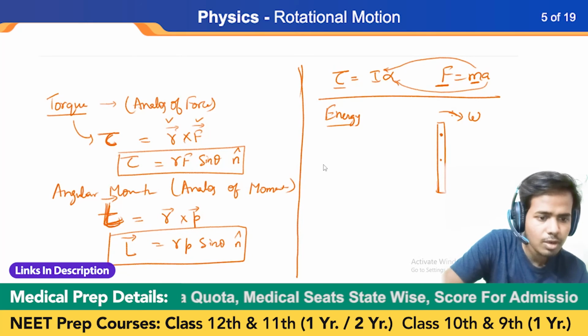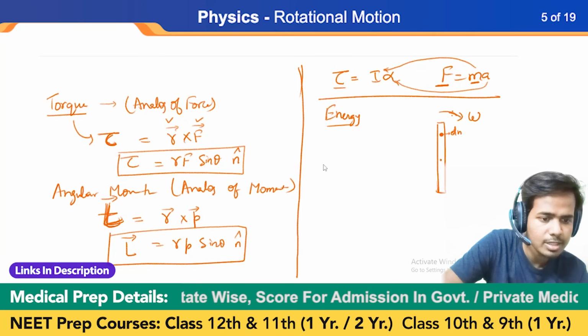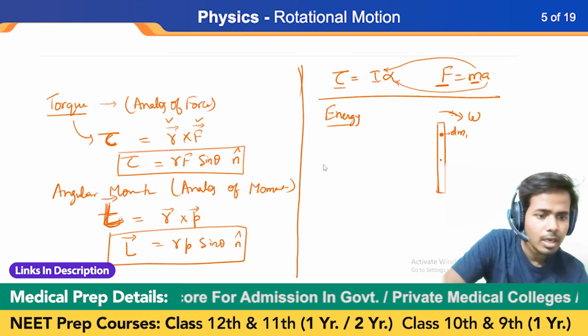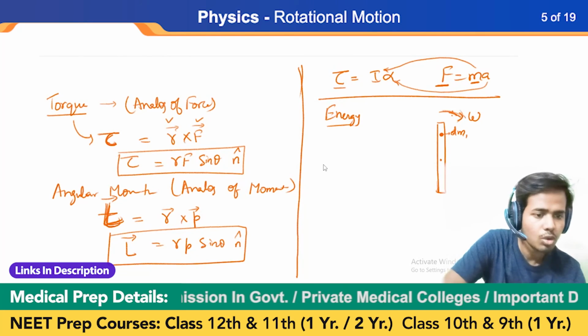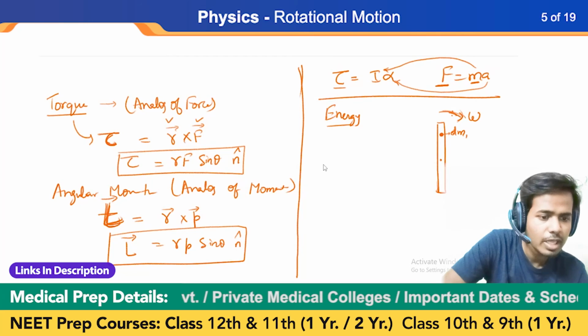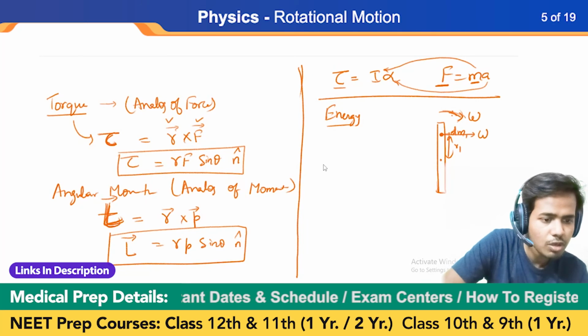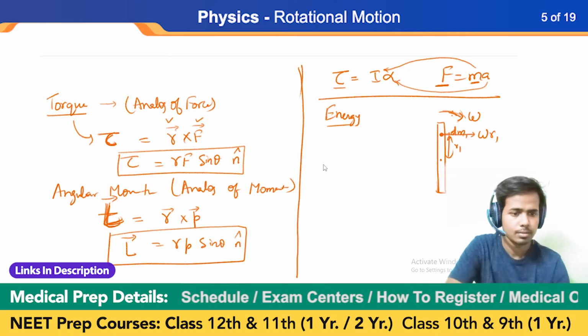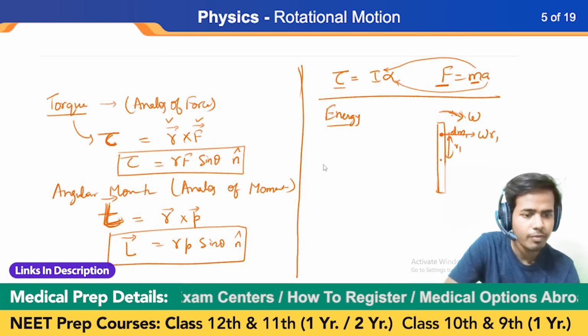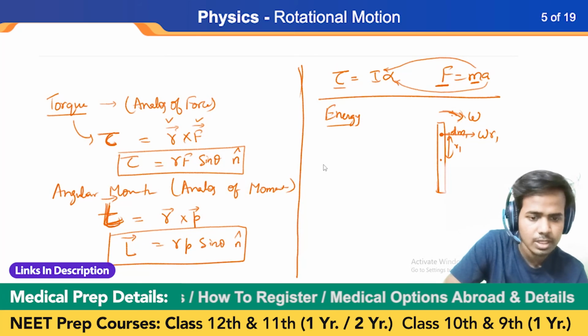Let's say there is this particle having some small mass m1 having the same rotation omega. What's the velocity it will have? At a distance r1, it will have a velocity of omega r1. In the same manner, everything will have similar velocities.